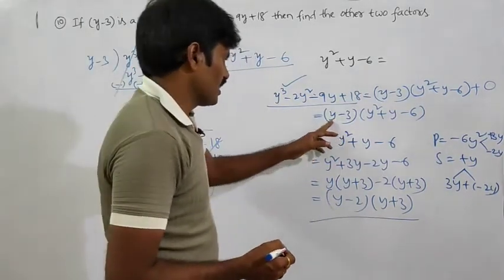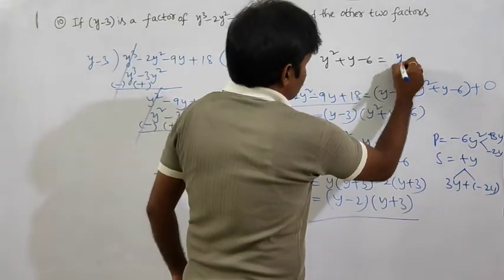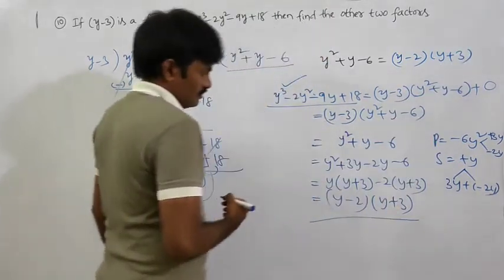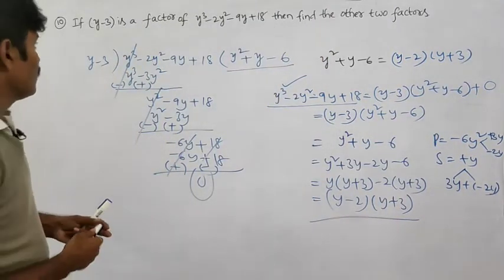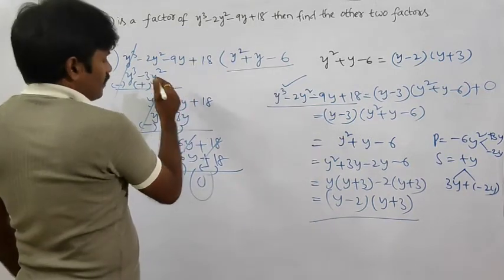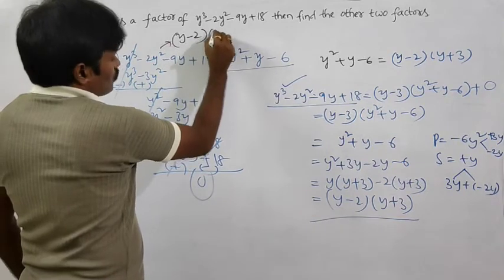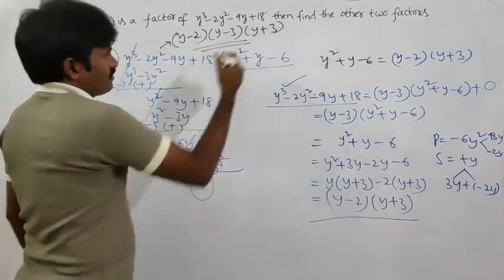One is y minus 3, and for the quadratic the factors are y minus 2 and y plus 3. So finally, the factors of this polynomial are y minus 2, y minus 3 and y plus 3.